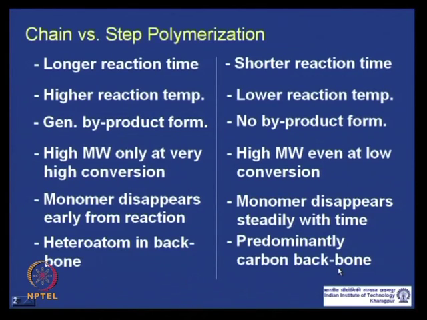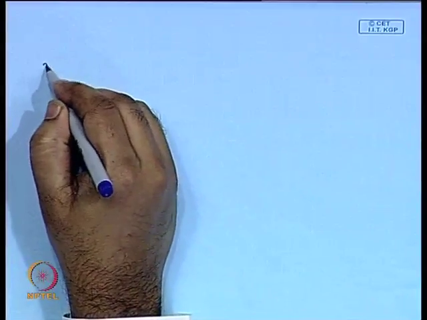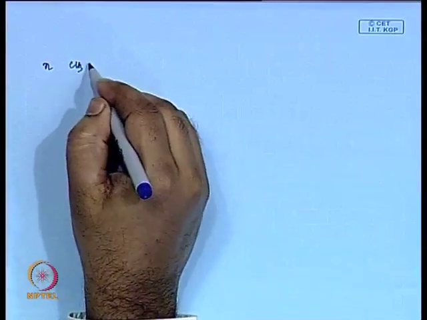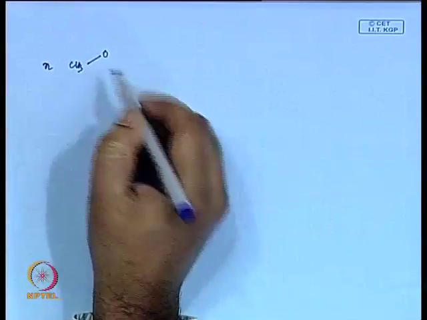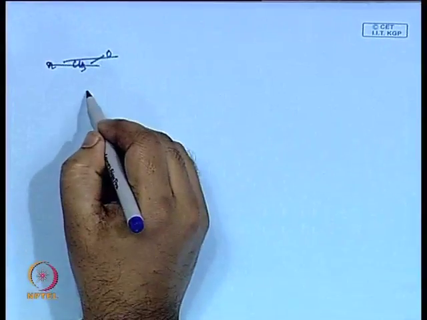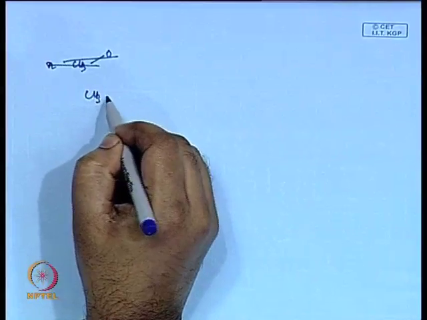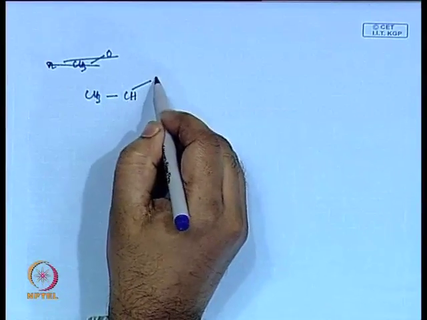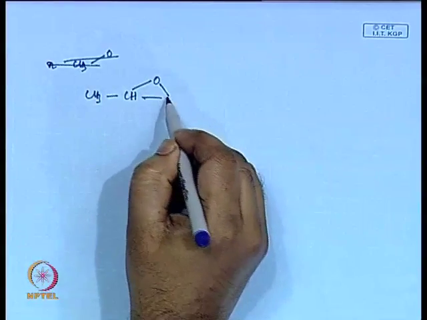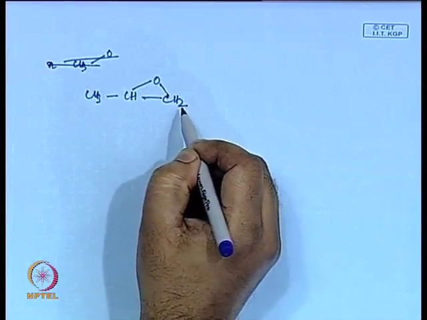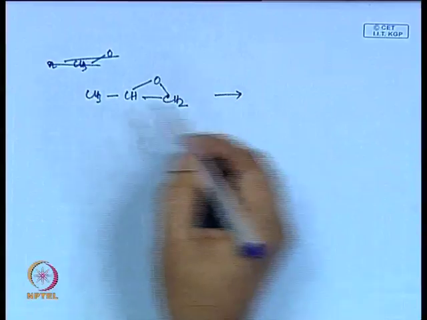Now, this classification of step and chain growth polymers also is not completely unambiguous. For example, if I have a monomer like this, propylene oxide, and I make a polymer from this.